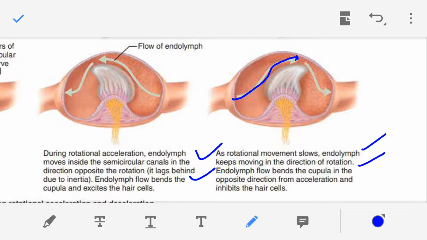So this endolymph flow is bending the cupula, but in the opposite direction from the acceleration. As you can see, the cupula is also bending in the opposite direction. So this opposite direction bending of the cupula inhibits the hair cell.